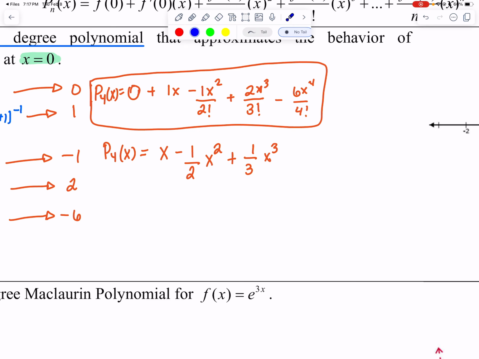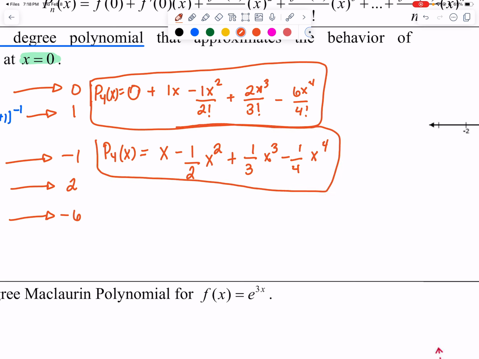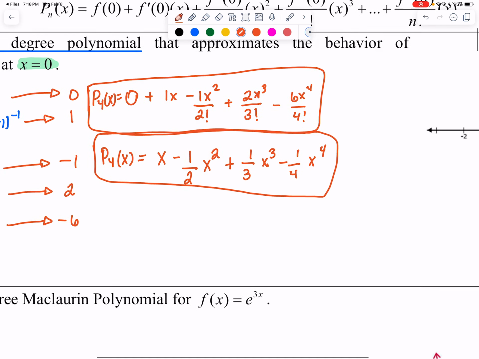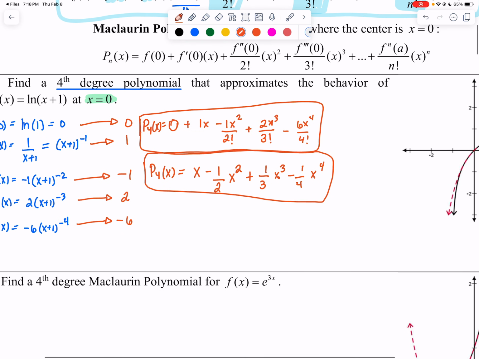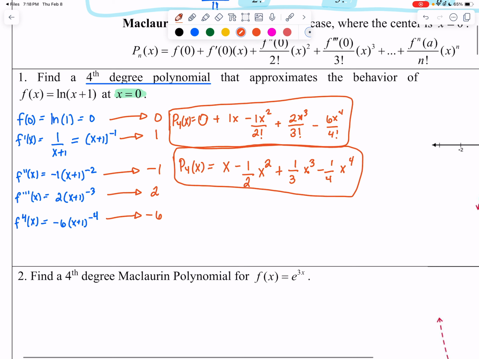And then 4 factorial is 24, 6 over 24 is 1/4. So this right here represents my 4th degree Maclaurin polynomial that's going to approximate the behavior of ln of x plus 1 at x equals 0.